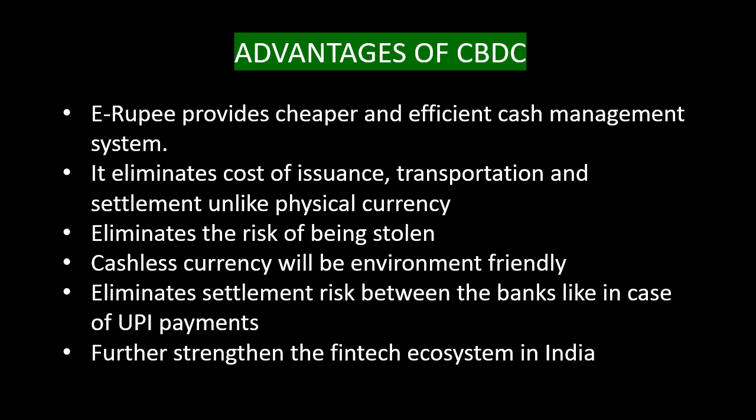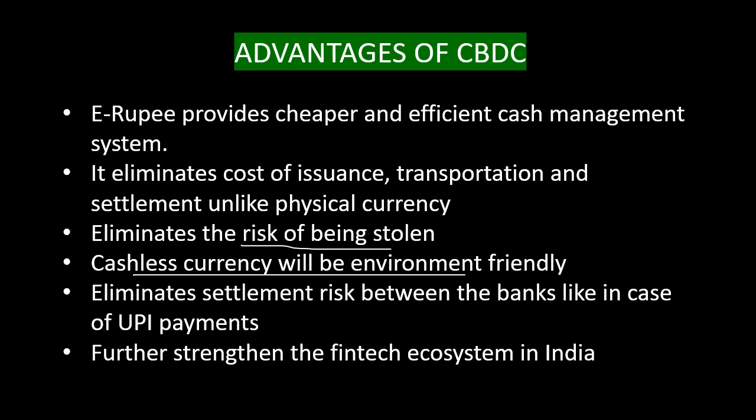And third, it eliminates the risk of being stolen. Physical currency is always at a risk of being stolen, but this is not the case with central bank digital currency or e-rupee because it is stored in your mobile wallet. Moreover, cashless currency, that is e-rupee, will also be environment friendly.